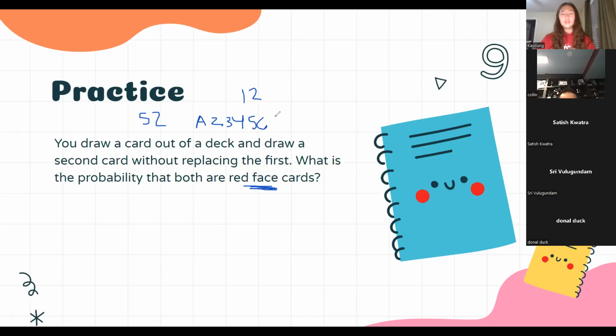How many face cards for each symbol again? 3. Yes, King, Queen, Jack. So in total, there's gonna be 12 face cards in one deck, because there's 4 suits. And then obviously half of them are gonna be red, half of them are gonna be black.